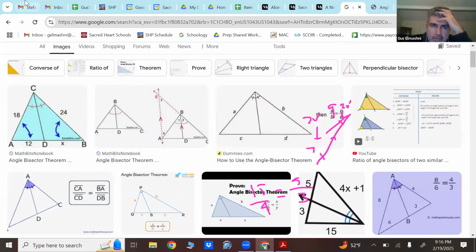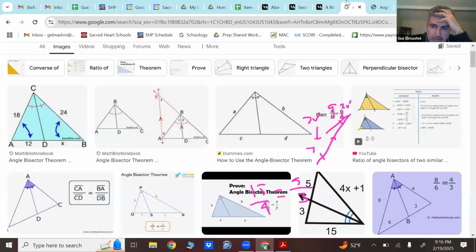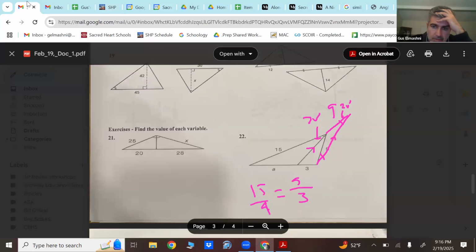So 3 over, yeah, so 45 equals 9A. A is 5. Okay. There we go. We got it.